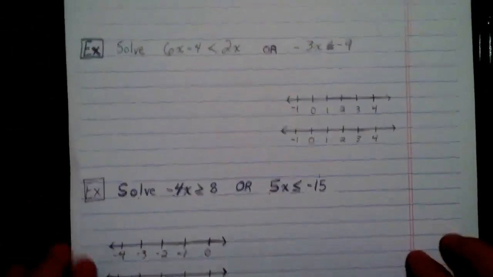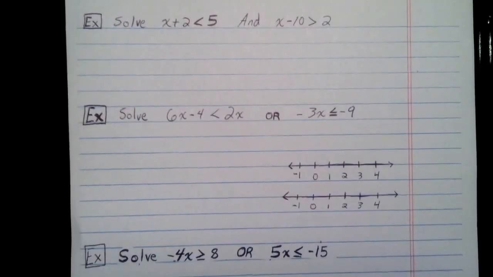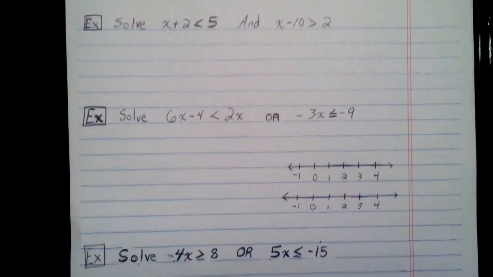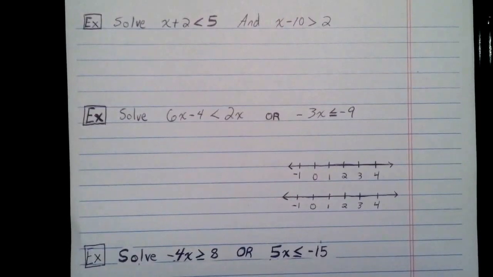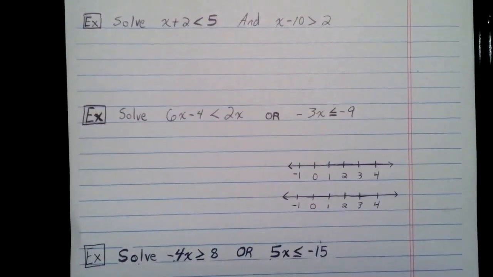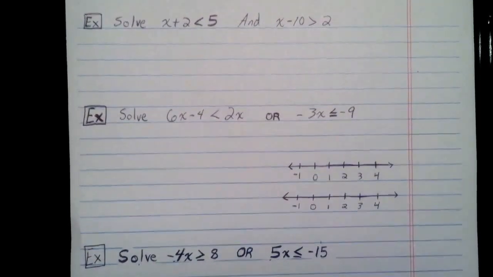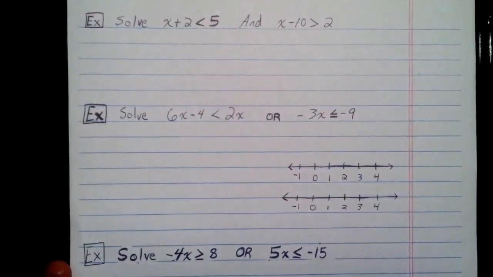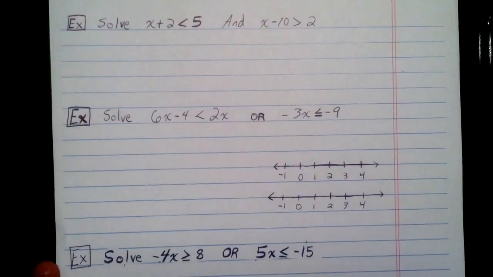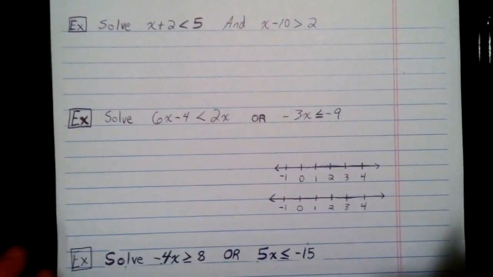Flipping that over to the back, we have solving x plus 2 is less than 5 and x minus 10 is greater than 2. So we have ourselves another AND situation, but you're going to see this turns out a little bit different. So we want to go ahead and solve these two like we did the others. It'll be a little bit easier.